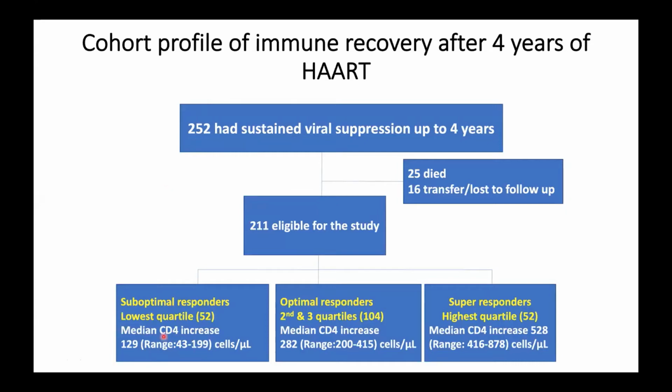And this really just highlighted the median CD4 increase among those who had been split into suboptimal responders, with a median CD4 increase of about 129, and those who were thought to have optimal CD4 response had a median CD4 increase of about 282, and the super responders in the highest quartile were found to have a median increase of about 500 CD4 cells over that period of time.